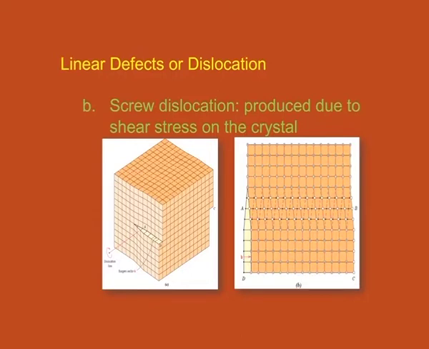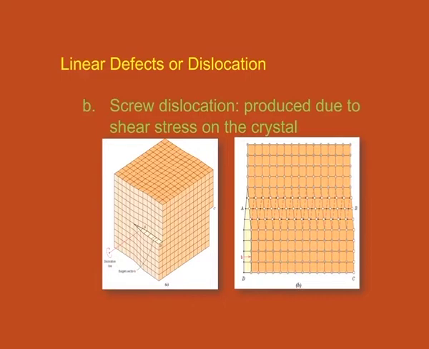As you can see in this crystal structure, two planes are sliding over each other in such a way that the atoms of one plane and the atoms of the other plane are arranged in the threads of a screw. That is why this type of defect is called linear defects or dislocation.